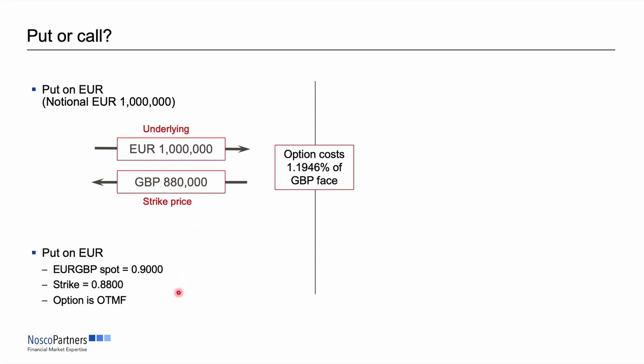The natural way probably to look at that is a put on the currency pair euro-pound. The currency pair euro-pound, the spot rate is 0.9. The option then would have a strike of 0.88. So the option would be a put and the option is out of the money. The notional, or the multiplier if you want, is 1 million euros.